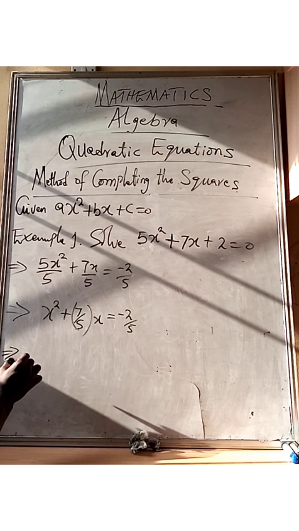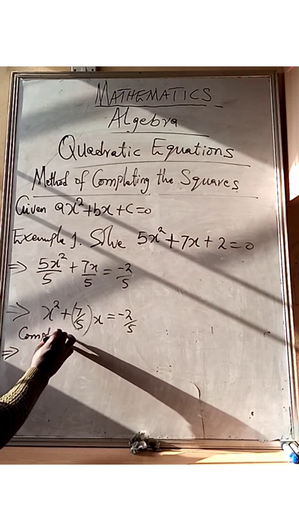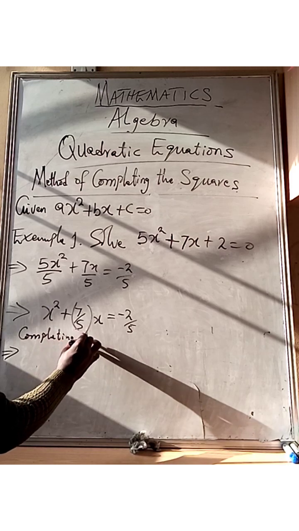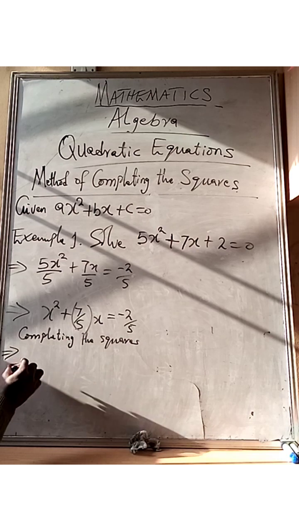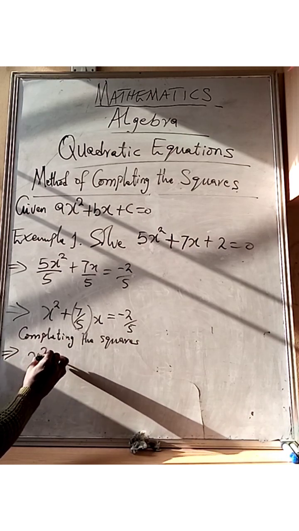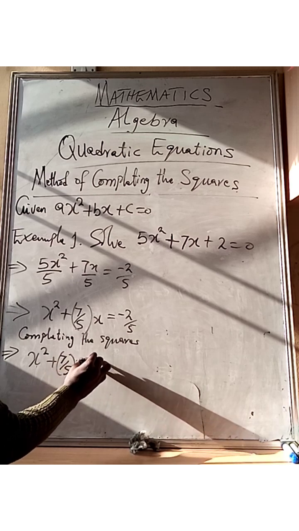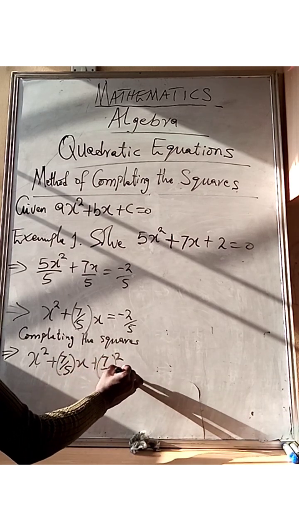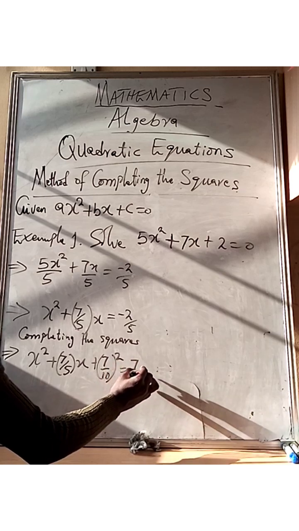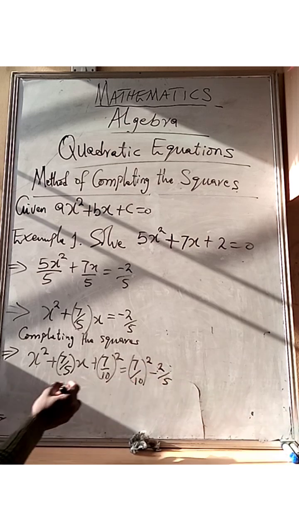So it implies, I'll just state completing the squares, implies x squared plus 7 over 5 x plus 7 over 10 squared is equal to 7 over 10 squared minus 2 over 5.